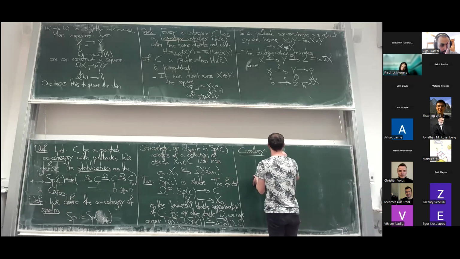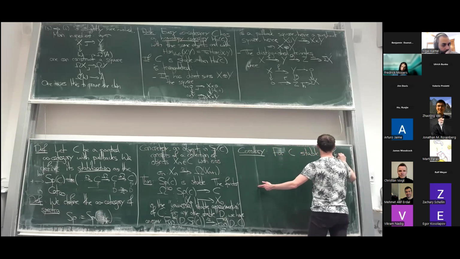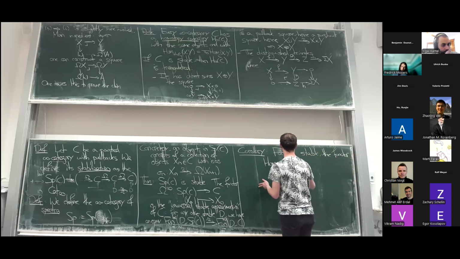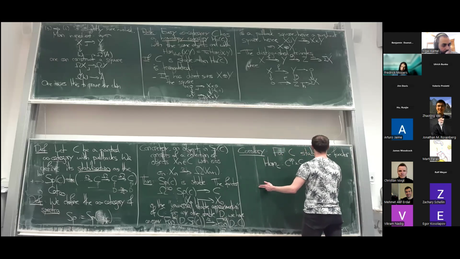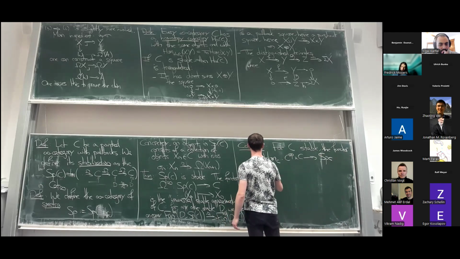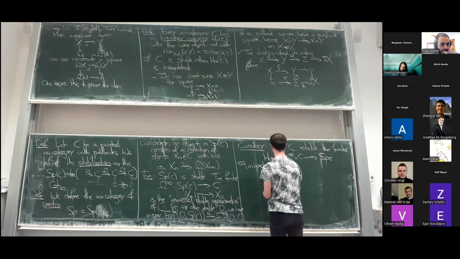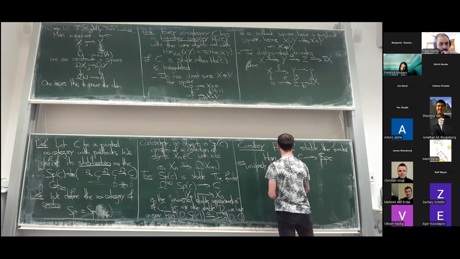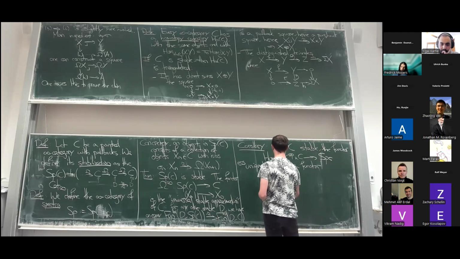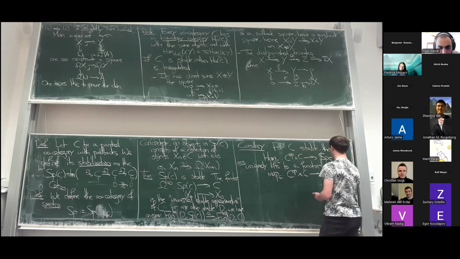For C stable, the functor Hom_C from C^op times C to spaces essentially uniquely lifts to a functor, which I'm going to call the mapping spectrum, from C^op times C into spectra.